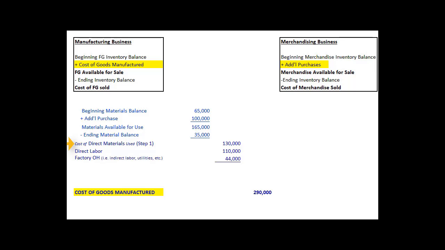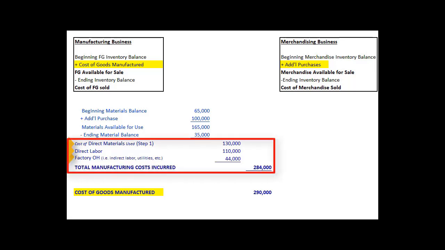And when we add to it the direct labor used, as well as the factory overhead cost, we would come to the total manufacturing costs incurred. We see that the total manufacturing cost incurred balance is $284,000.